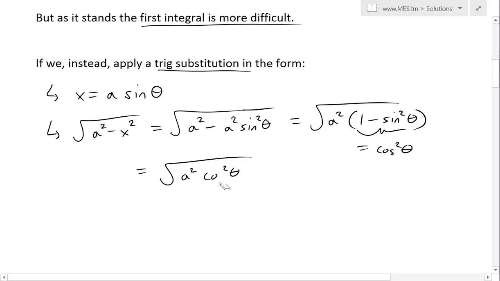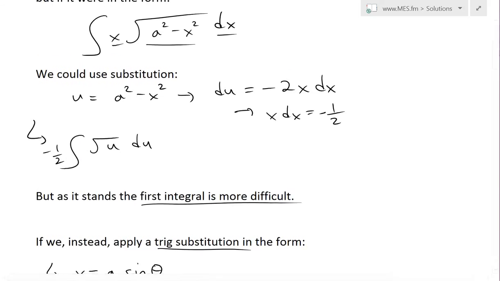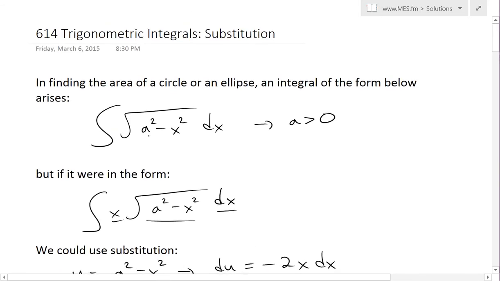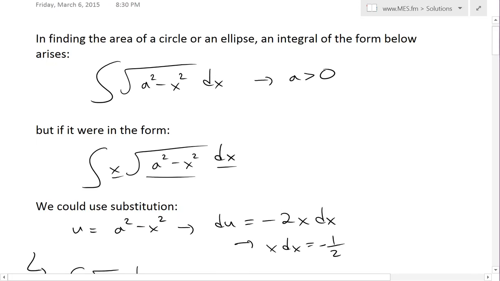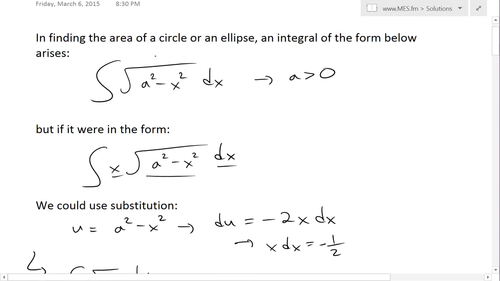And now we can actually get rid of the square root sign. The square root of a squared is a, and now we have a cos theta, except in this case it has to be an absolute value, because in the original integral this square root can't be negative inside. It is always positive for real numbers.